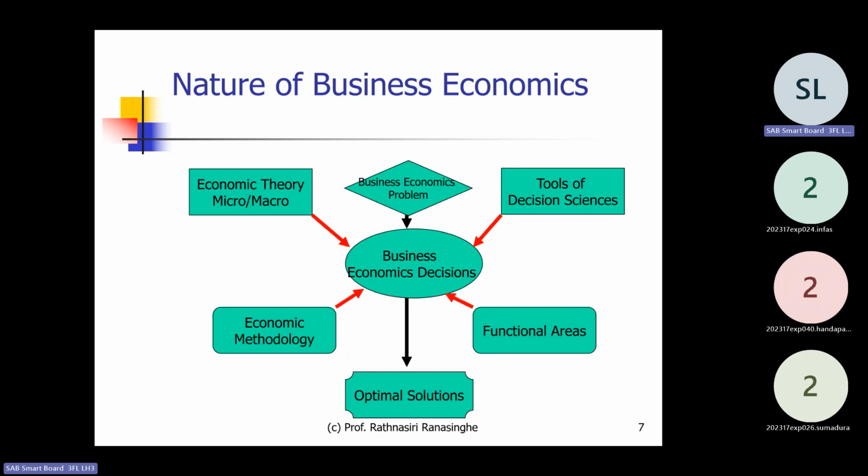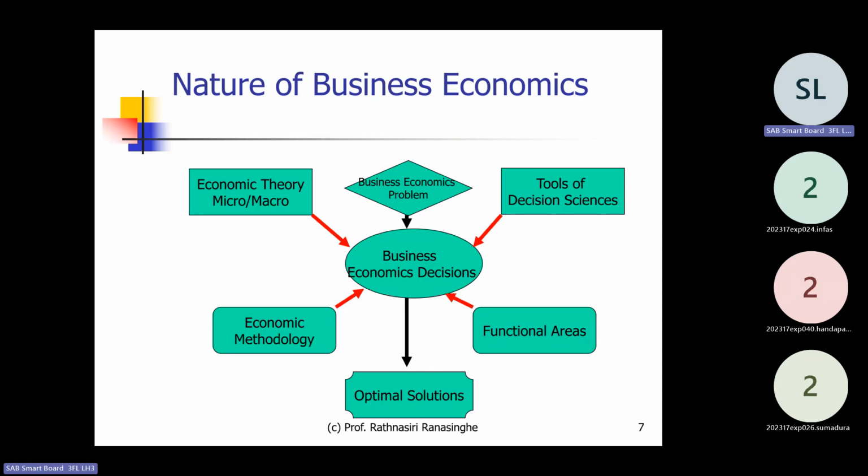We have to select the product. The starting point of any business is the product, which means good or service. In economics, when we say product, that implies good or service. Service providing organizations are there, and goods providing organizations are there.